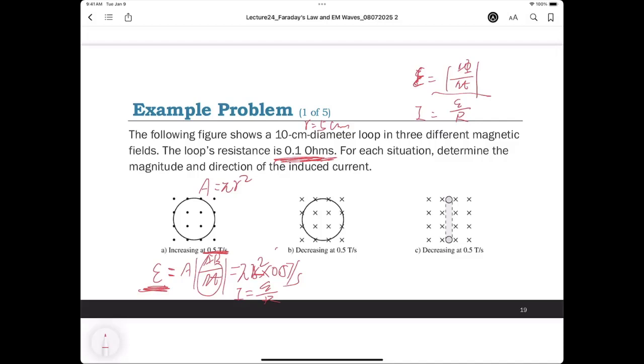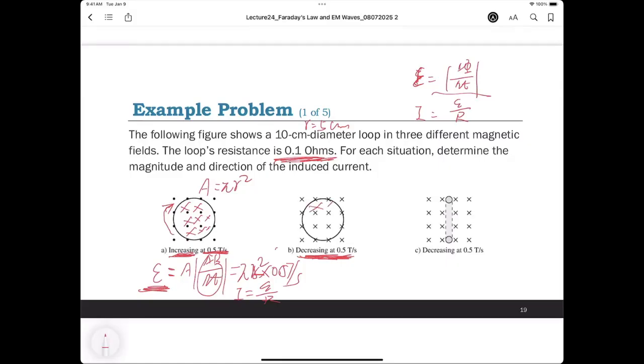For this one the magnetic field is increasing, which means the loop should generate an opposite-direction magnetic field, and then you can decide the induced current direction. For the next one, it's a similar thing, but the field is decreasing, which means the loop should generate a magnetic field in the same direction.